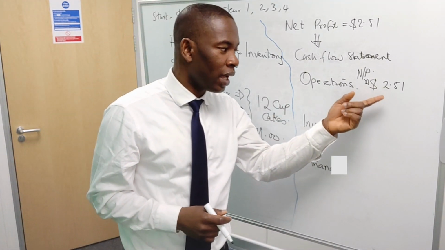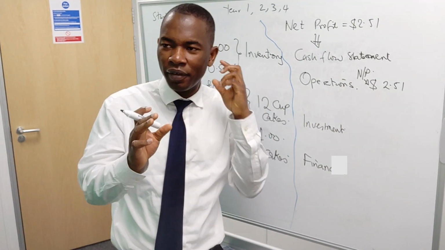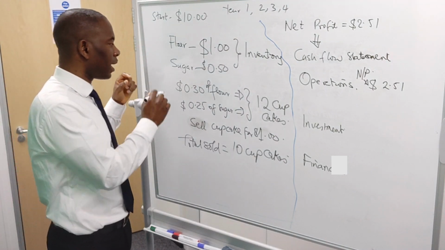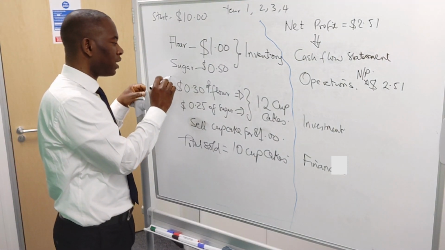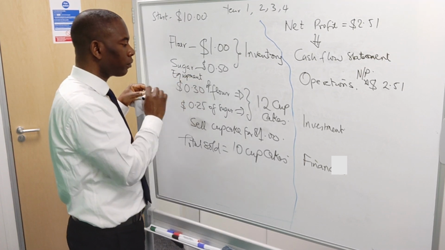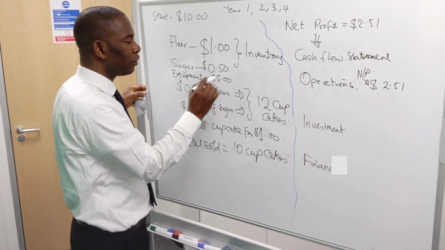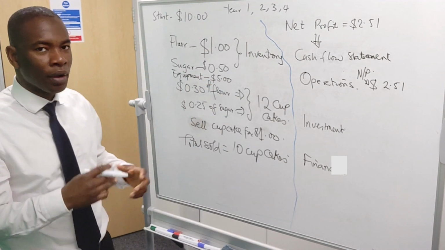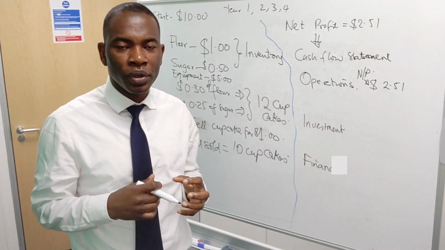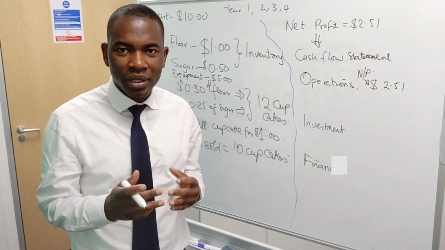So let's just pluck out a figure. Let's say we bought an equipment for $5. We're looking at the life of the equipment to be roughly 5 years, and we're going to be depreciating by 20%.